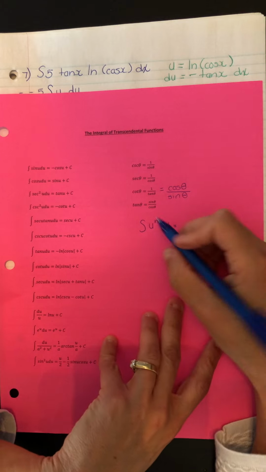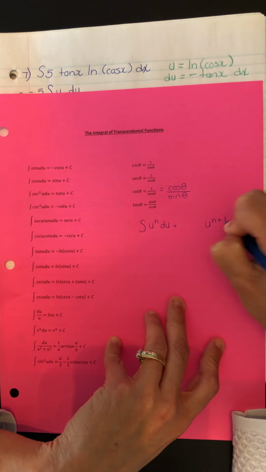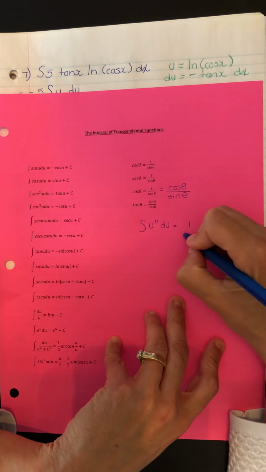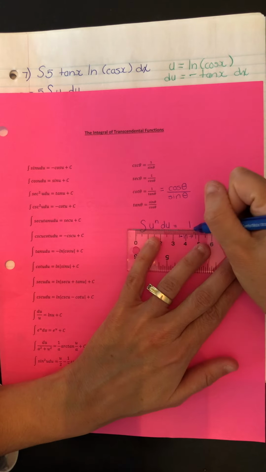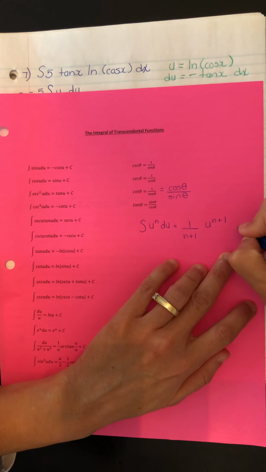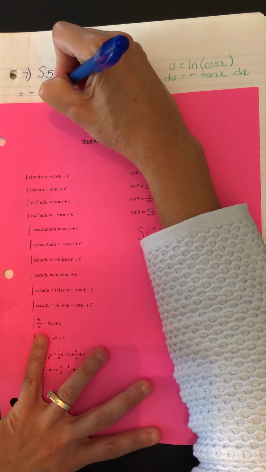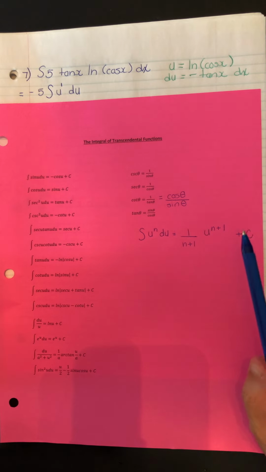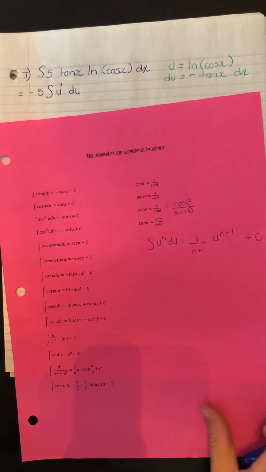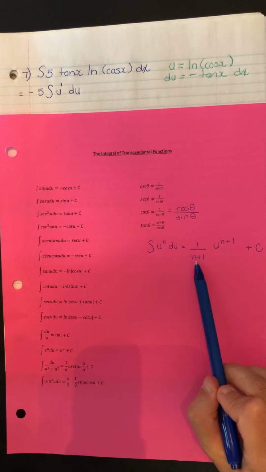When you're integrating u to the n, you do u to the n plus 1, and in front of it, 1 over n plus 1, and then plus c. We have u to the 1 right here, so we're going to consider n to be 1. So we're going to end up with 1/2 u squared plus c here.